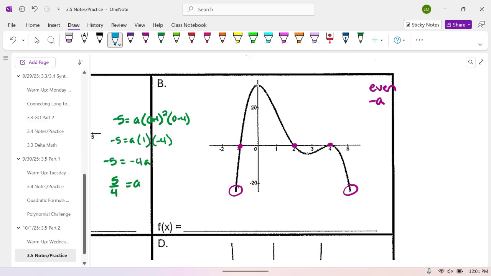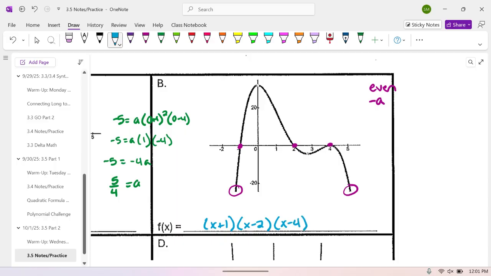So what would that be as a factor? -1 is a factor. So x, there you go. So this is x plus 1. What about for 2, Caden? Good. What's the last one? So for 4. Backwards. There you go.